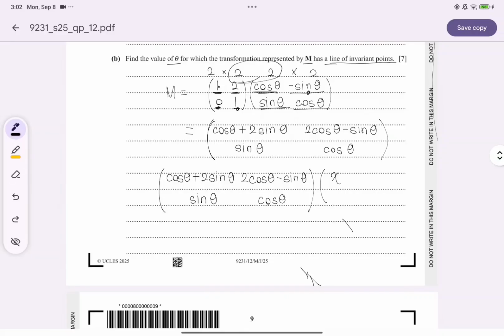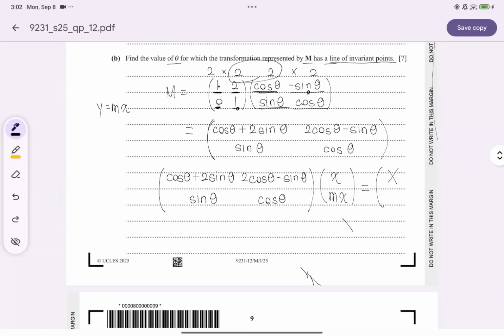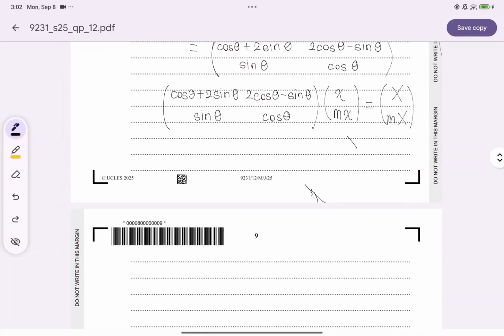But we are finding a line of invariant points, so the line we can write as y equals mx, because all invariant lines pass through the origin, since the origin is always invariant. So we can write this as x, mx, and this equals big X, big Y, which is also just big X, m big X.